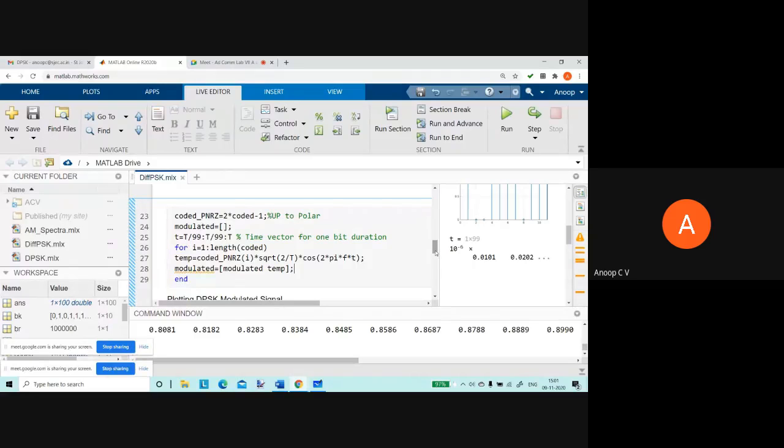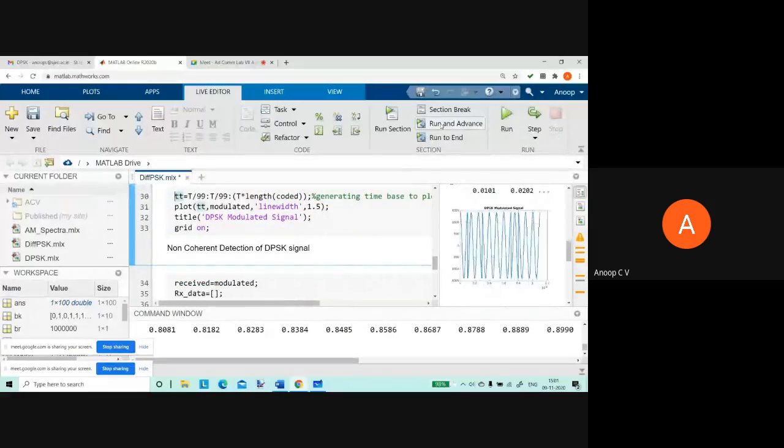And after modulation, this is the modulated signal. This is how we have plotted. Maybe I'll just undock this and show. Okay, I didn't run this.